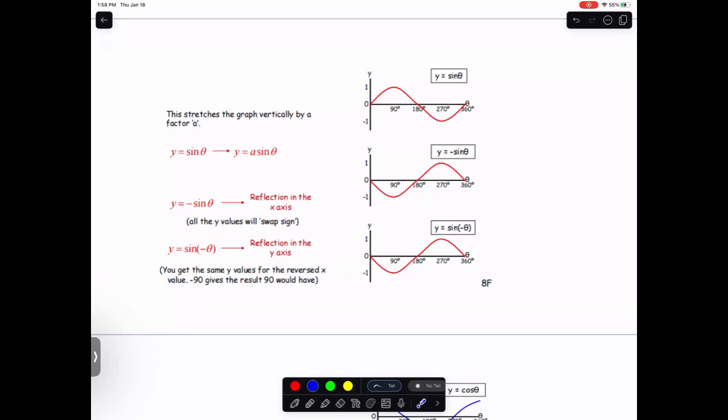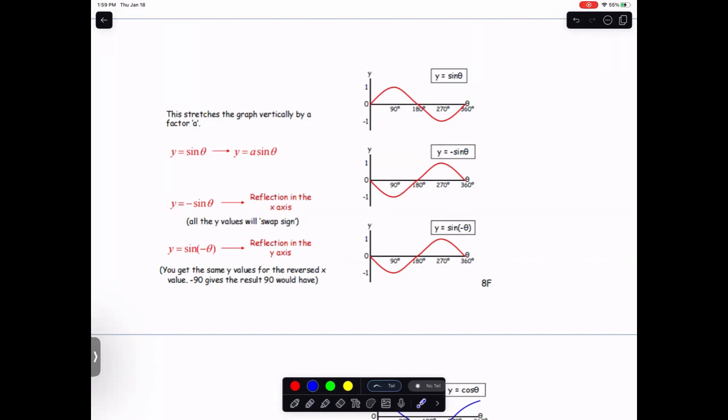So the graph will just be reversed in this direction. When you plot the graph, this is what you have for y equals minus sine theta. So the reflection is in the x-axis. The transformation of the graph when you have a negative sine is a reflection in the x-axis.